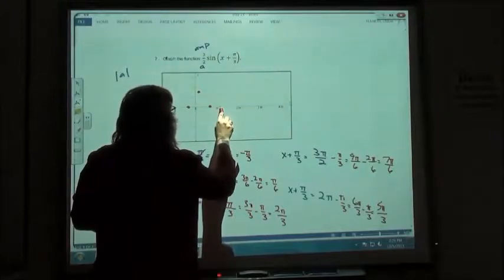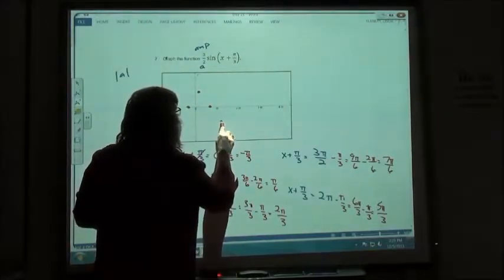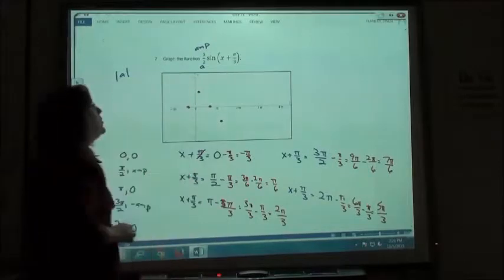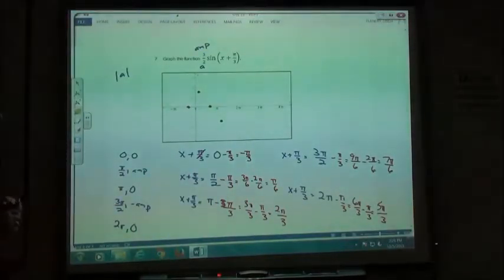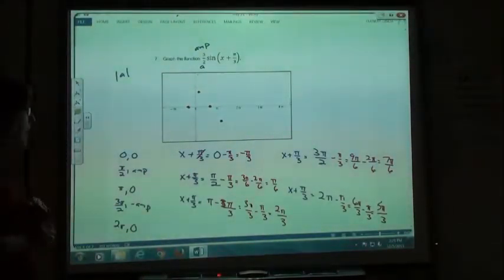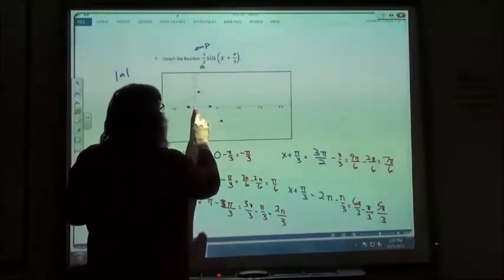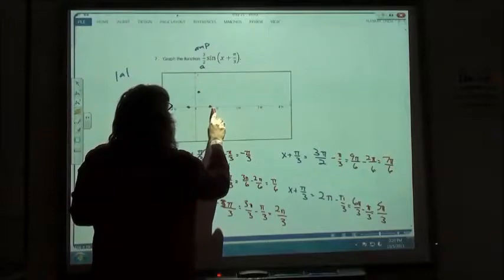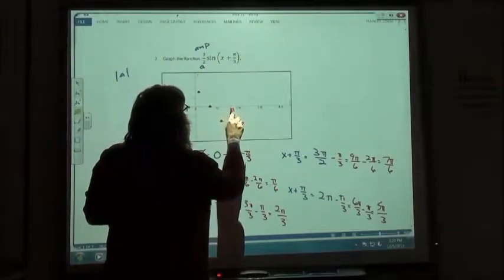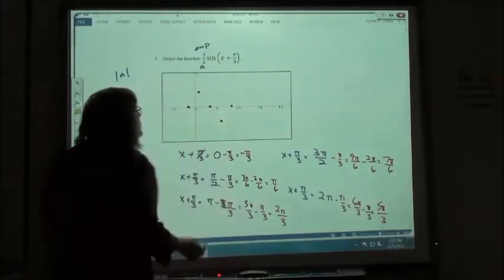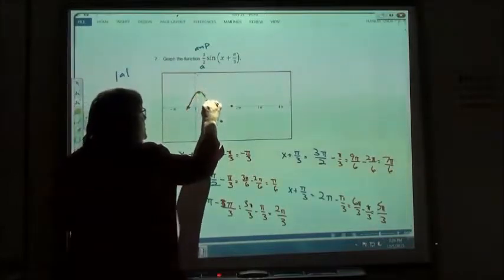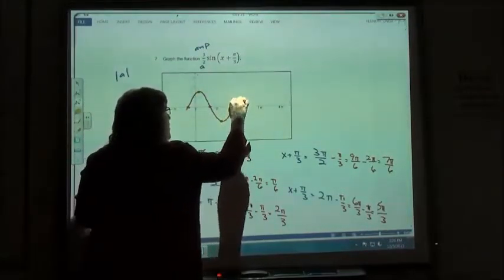I'm going to go down to negative 1.5. Since my amplitude there is 3/2, I'm going to do negative 3/2 there. And then at 5 pi over 3, which would be 10 pi over 6, 1, 2, 3, 4, 5, 6, 7, 8, 9, 10, I'm back at 0. So my sine curve, one cycle, is going to look something like that.